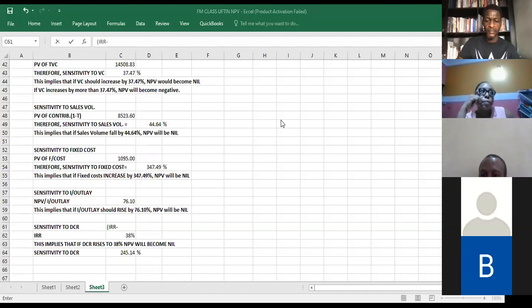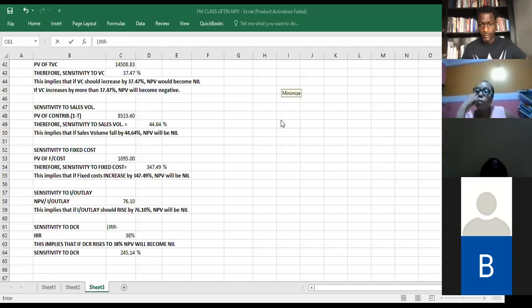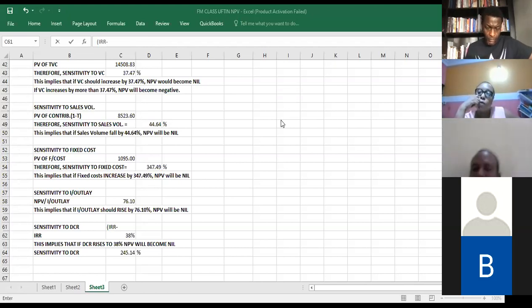Okay, so if we're looking at this, there's an important distinction to be made: what the discount rate will fall by and what the discount rate will fall to.